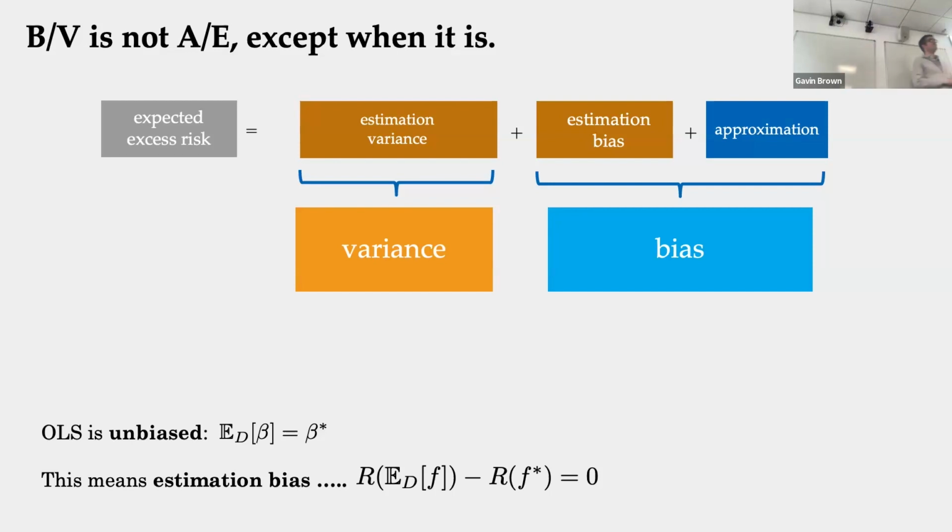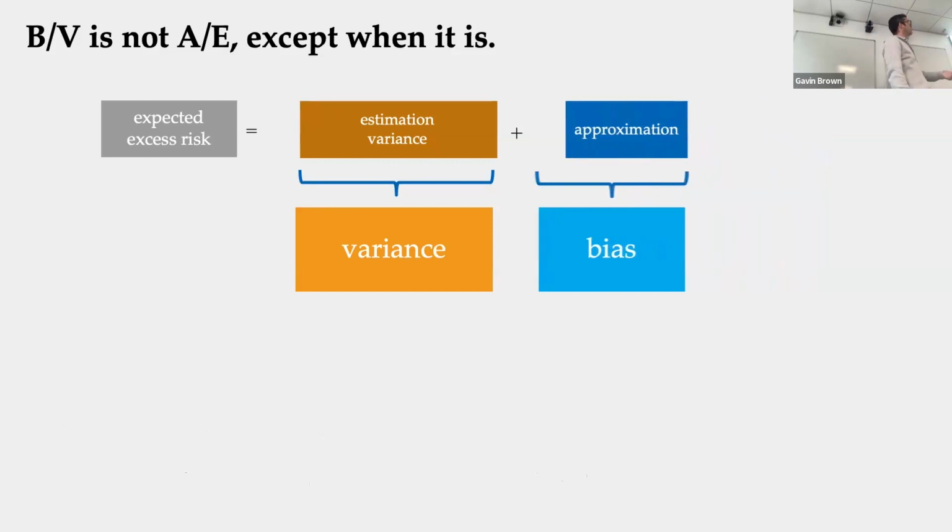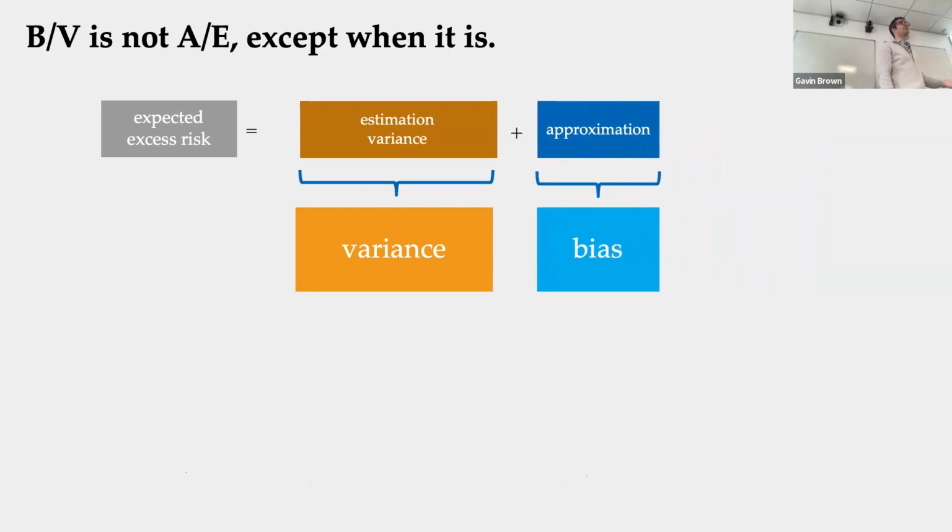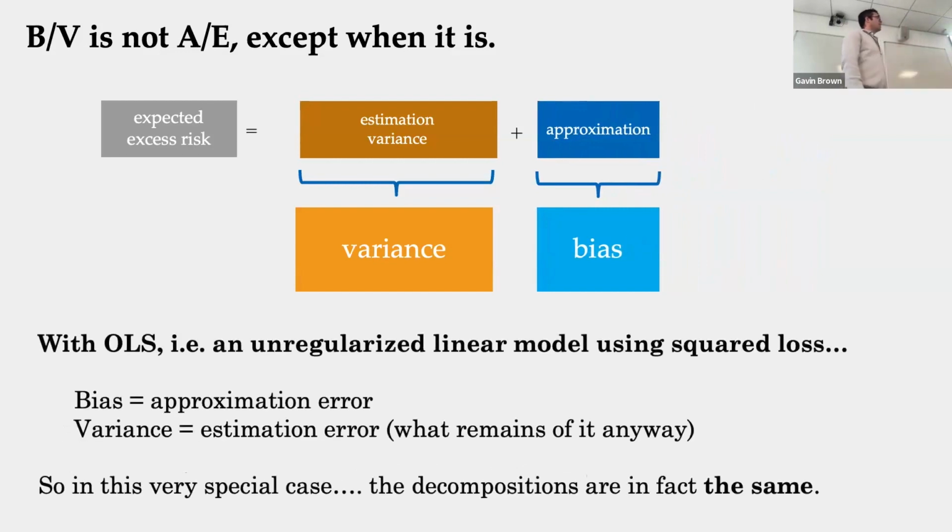And so because this is unbiased, that means the estimation bias is 0. So that term disappears as well. So what do we have? The bias is in fact equal to the approximation error, and the variance is in fact equal to, well, what remains of the estimation error.